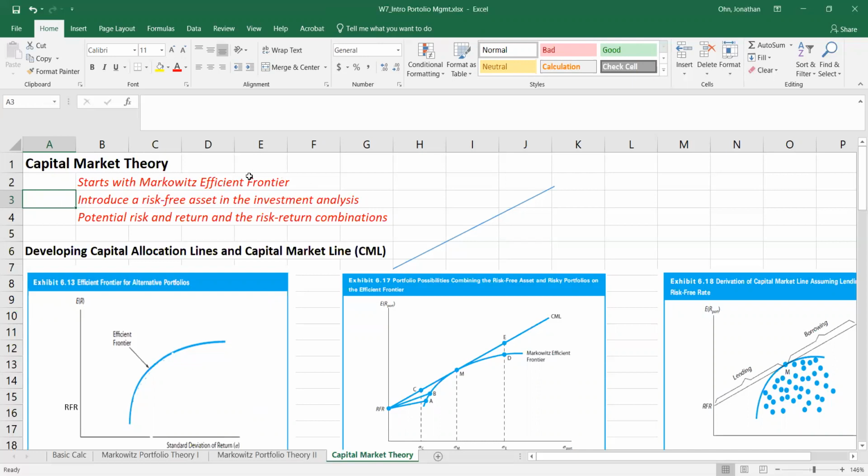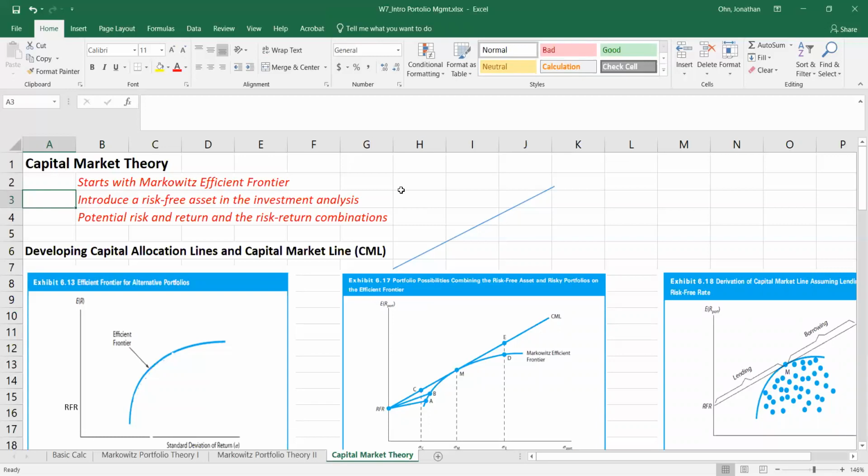So the investment portfolio will include the risky assets on the Markowitz efficient frontier plus a risk-free asset, right?